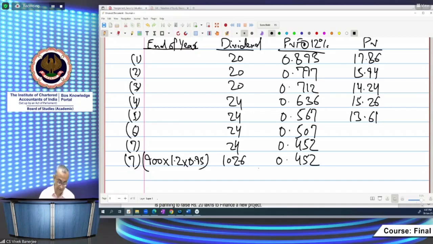Calculate for the sixth year, 24 multiplied by 0.507, 12.17. Let us calculate for the seventh year, 24 into 0.452, 10.85, and for the seventh year sales figure, 1026 into 0.452 is 463.75. Let us add all these figures.